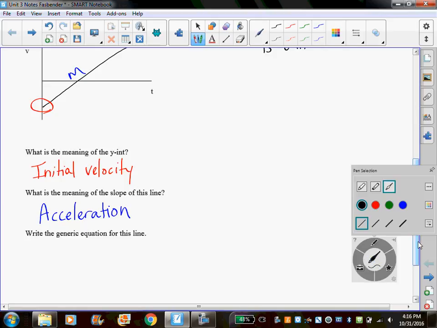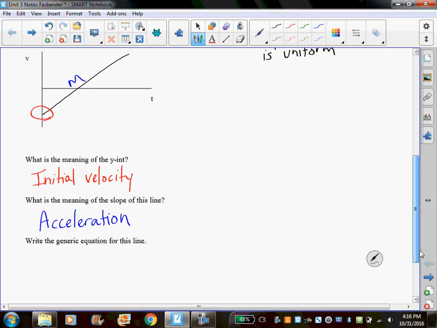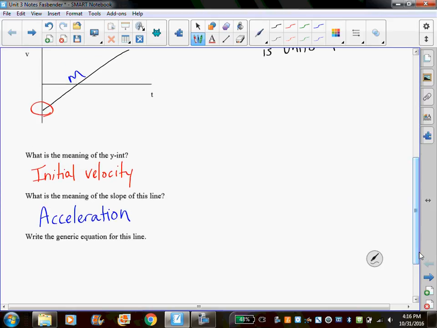And so if we were going to write a generic equation for a line like this that would work for anything, we remember that all of the equations in this class will take the form of y equals mx plus b. But again, we're not using the y's or the x's or the m's or the b's. We're writing what we actually have there.